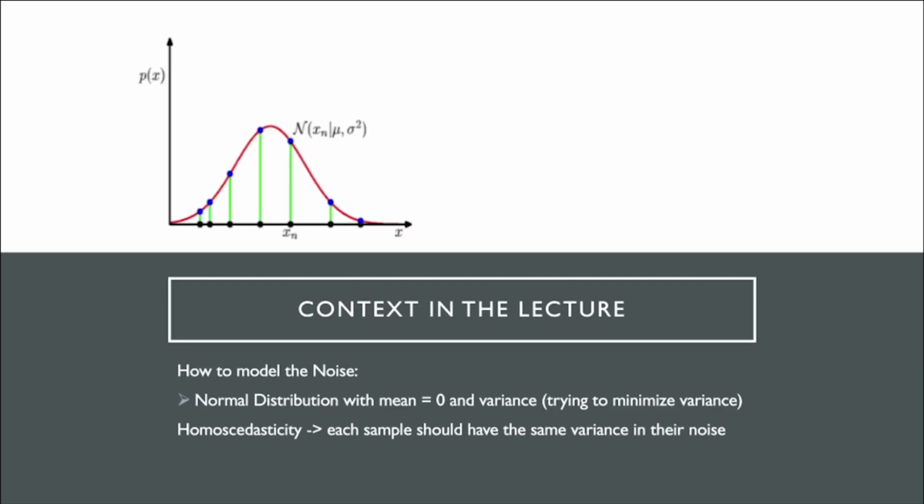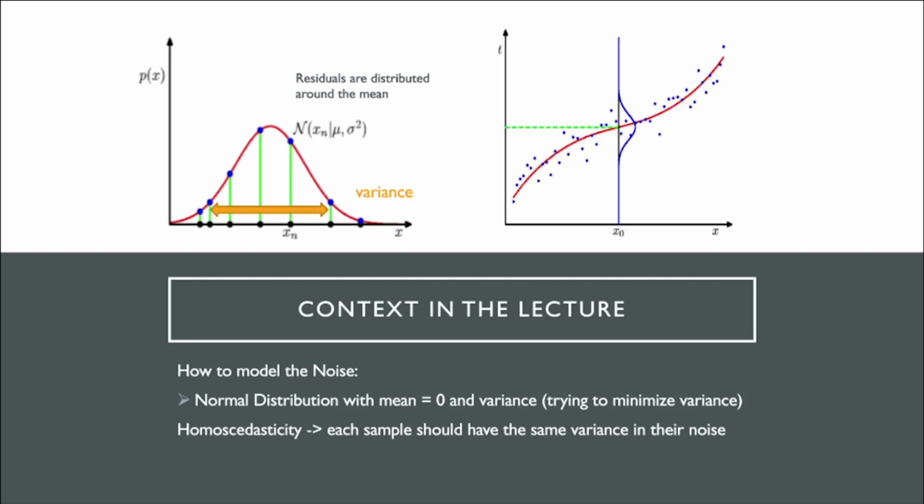As you can see in this plot, the noise should be normally distributed, so that most of the data points are close to the mean mu. Also, our aim is to minimize the variance, so we try to make the likelihood function more steep. Here I'm going to show you why.